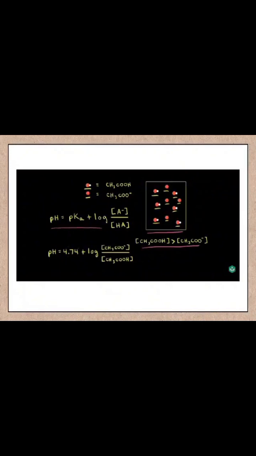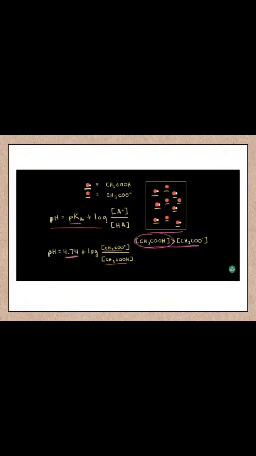So the pH is equal to the pKa, which we calculated in the previous problem for acetic acid. It's 4.74 at 25 degrees Celsius, plus the log of the concentration of the acetate anion divided by the concentration of acetic acid. In this case, the concentration of acetic acid is greater than the concentration of the acetate anion.